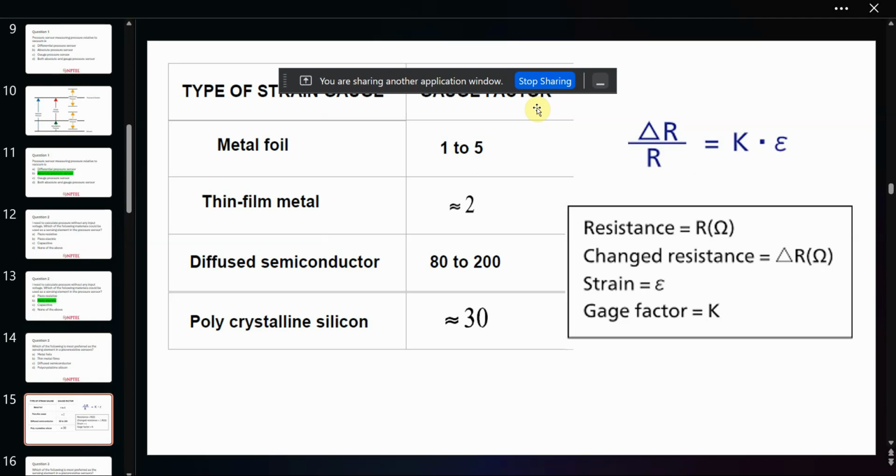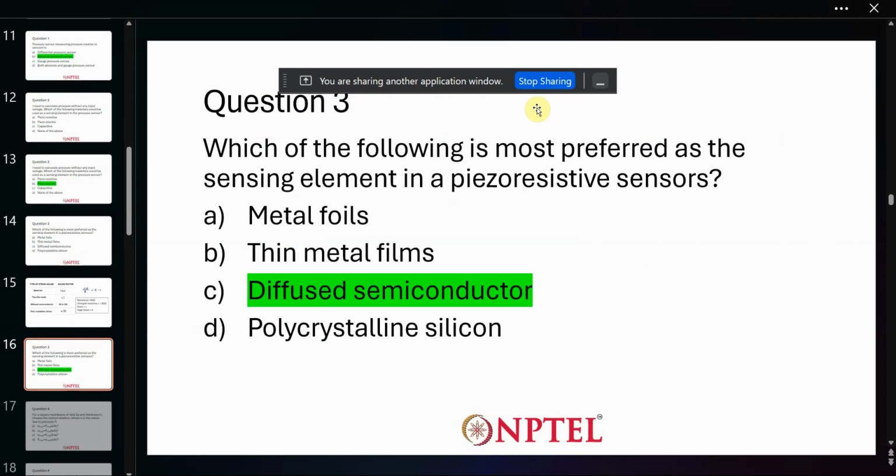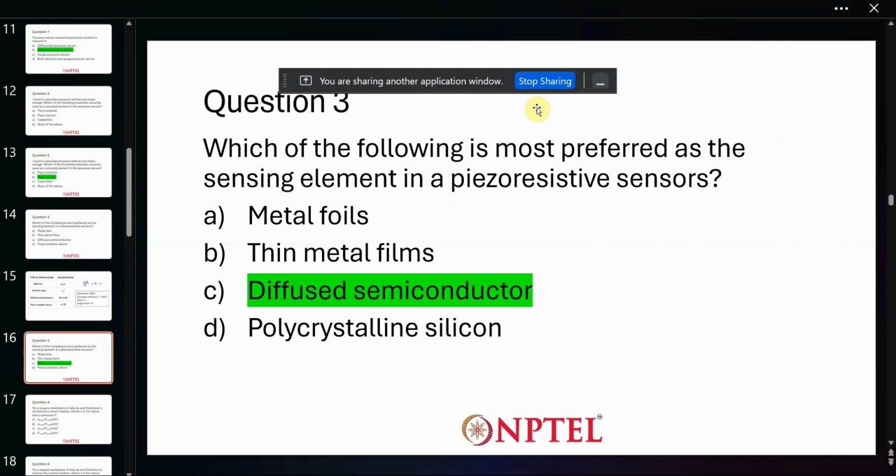But in the case of very high gauge factor devices such as diffused semiconductors, even if you apply 0.1 mm strain, the signal will be amplified by 200 times, so you will be able to measure the resistance quite easily, compared to when the gauge factor is low. This is how the concept of gauge factor works. That is why we use diffused semiconductor as a sensing element.